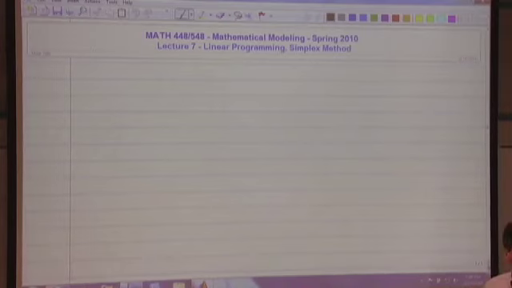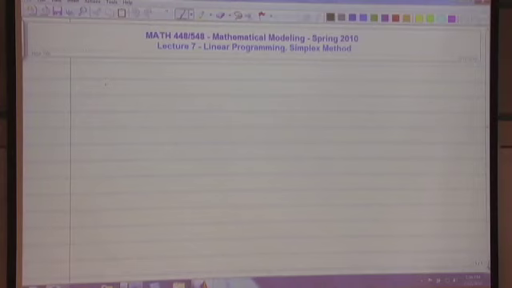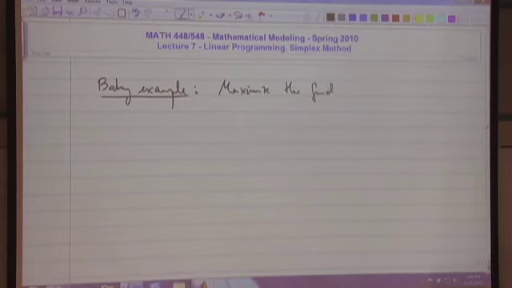So first, and I hope you've seen this maybe, but if not, here's a very simple setup. I'll start with the baby example, where you have to maximize, say, the function f of x1, x2, two variables, x1 plus 2x2, subject to the constraints.